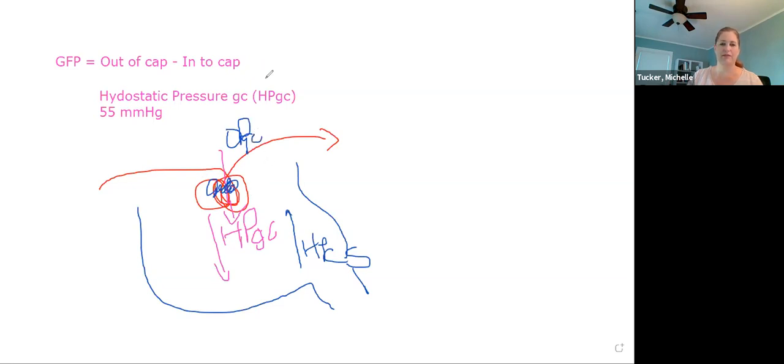Okay, so we have two pressures that are trying to force fluid back in to the capillaries, or in the case of osmotic pressure, pulling it back in. These are going to be negative pressures. We'll come back. I'm getting a little ahead of myself.